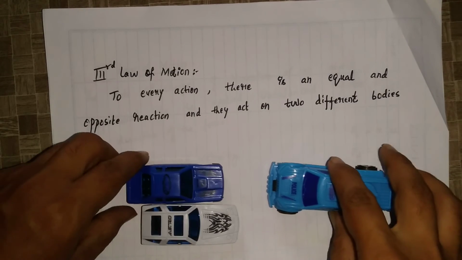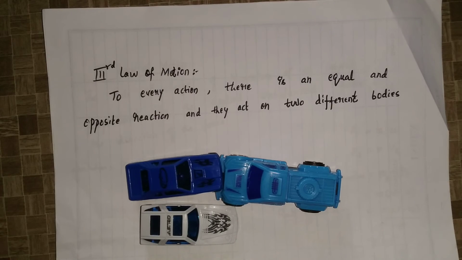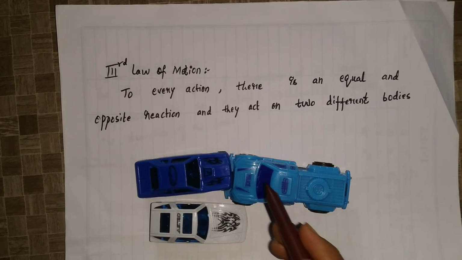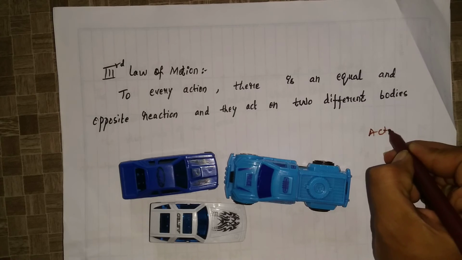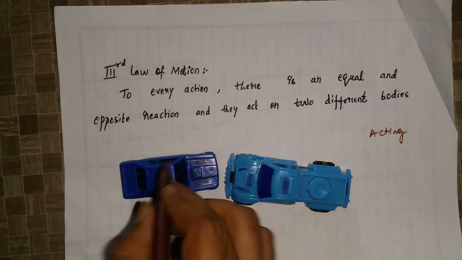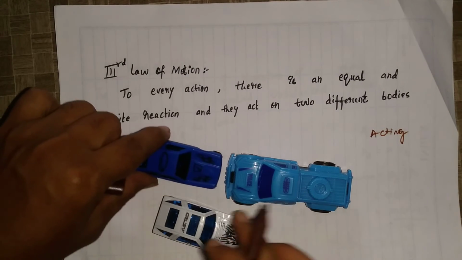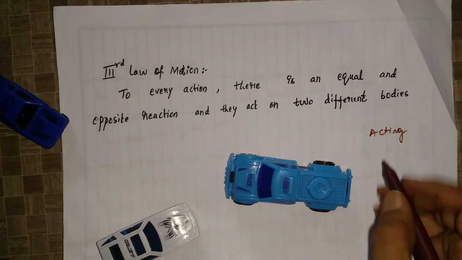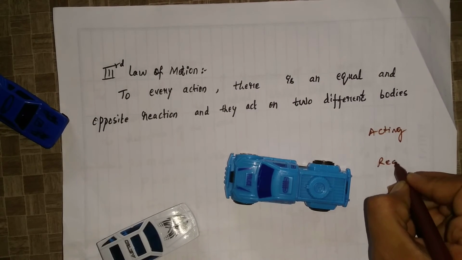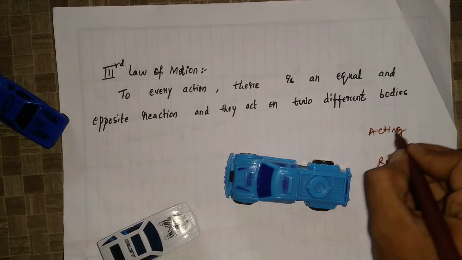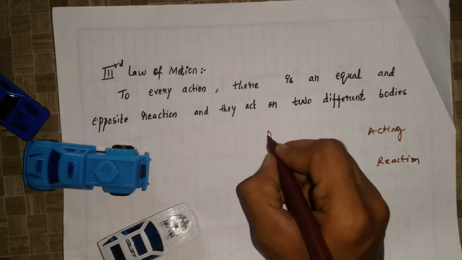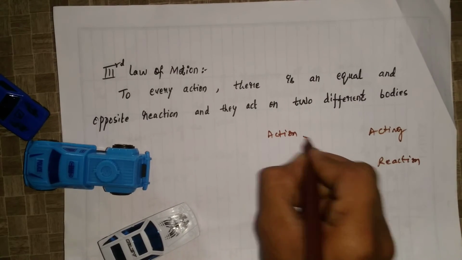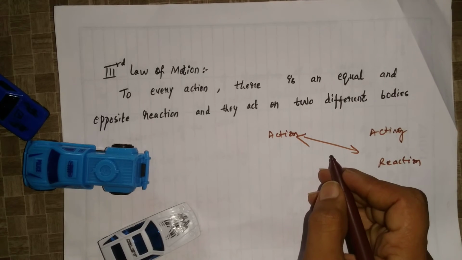If there is a car moving and it hits this car, that is the action. This car acts with force on this car, and as the reaction, this car moves along this side. So this is action, and this is reaction.